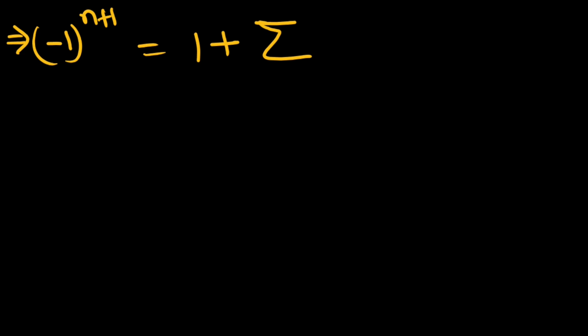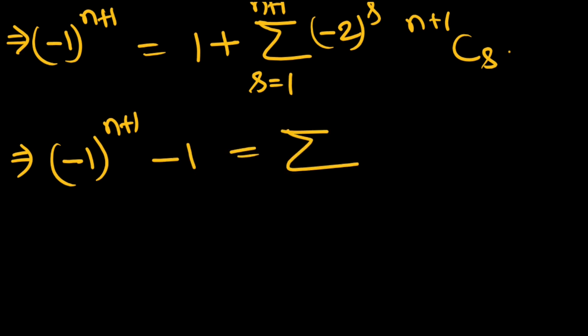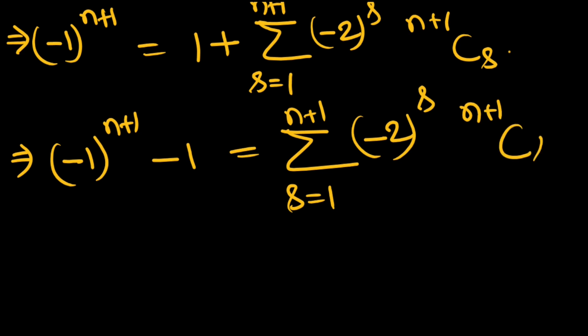So that's why it is 1 and the rest are the same. So s runs from 1 to n+1 of (-2)^s (n+1)Cs. This implies (-1)^(n+1) - 1 = summation s = 1 to n+1 of (-2)^s (n+1)Cs.